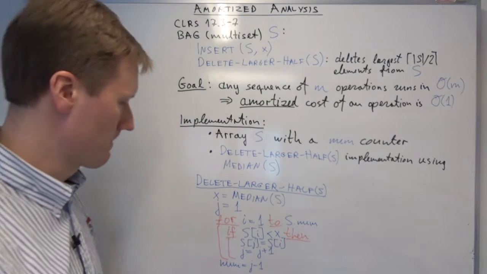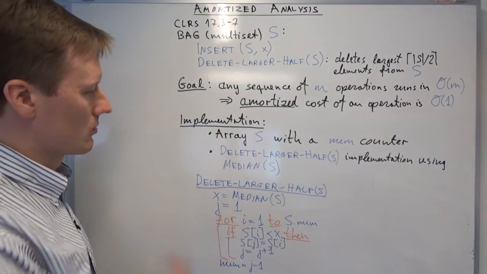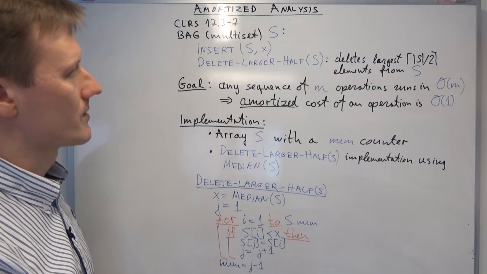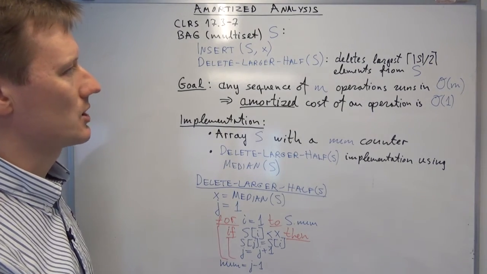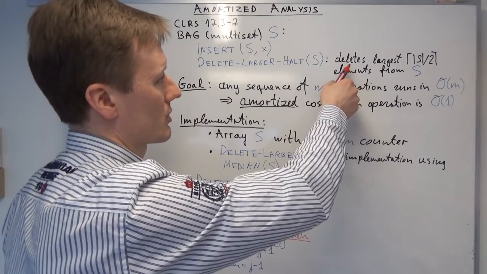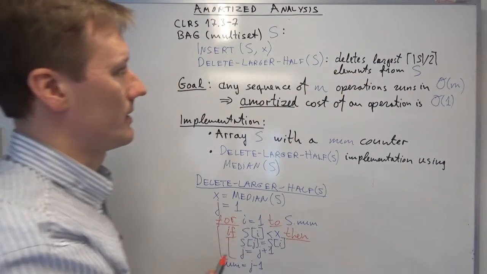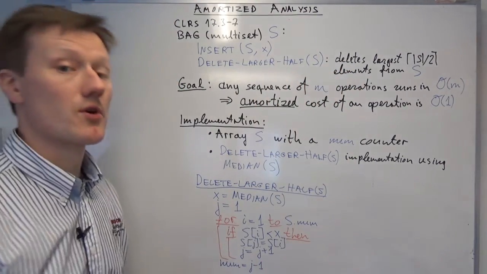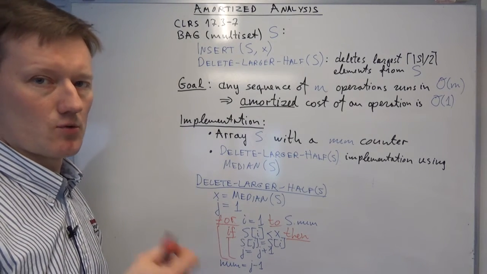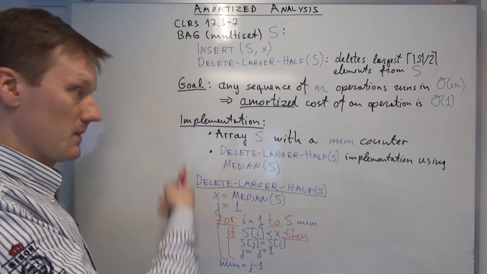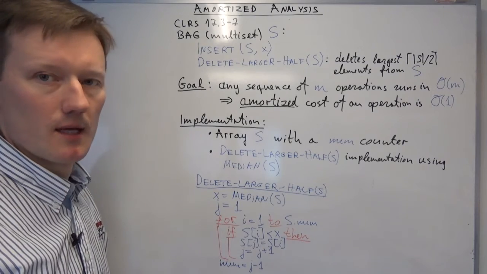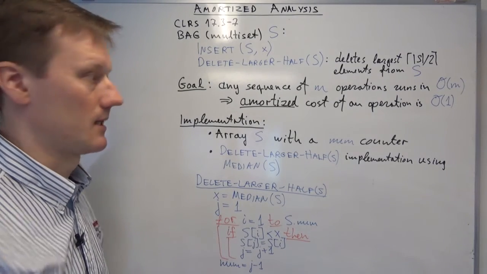Another interesting thing to think about is how or whether the exercise would change if I change this into deleting not the largest half, but let's say deleting the larger third or larger fourth or larger 10% of the elements. So try to think if you can extend the amortized analysis to show that this is still possible.